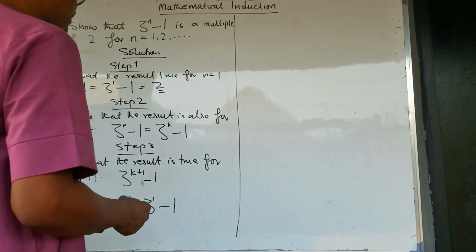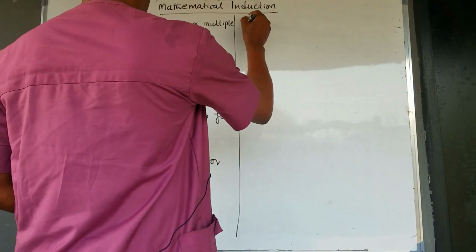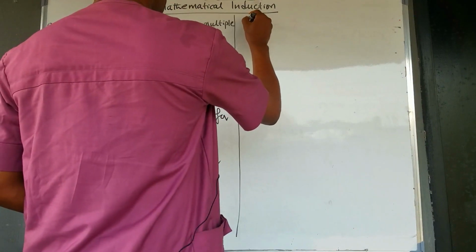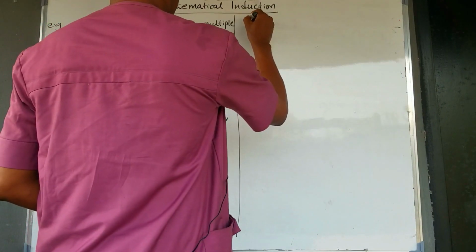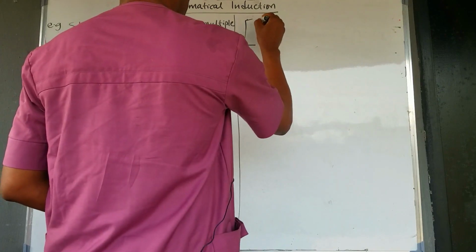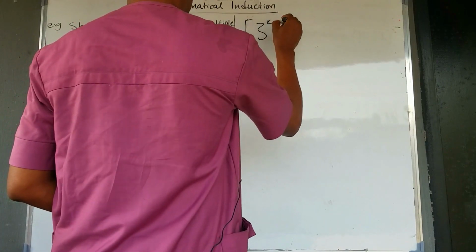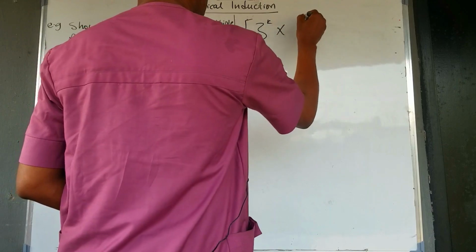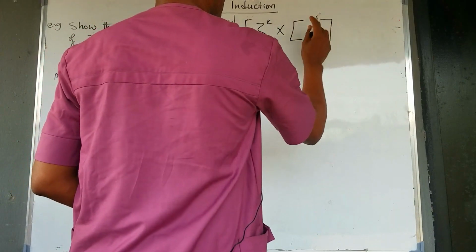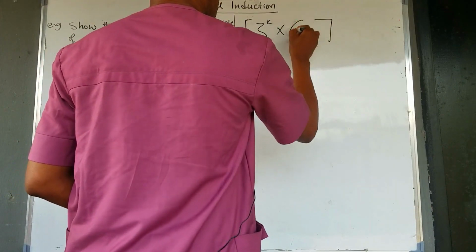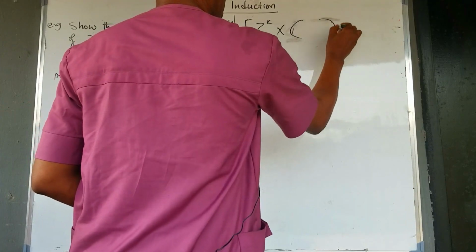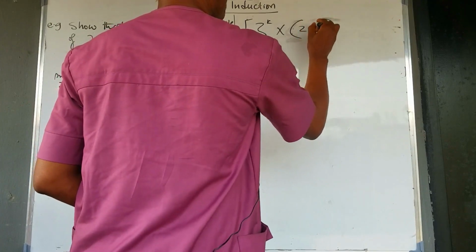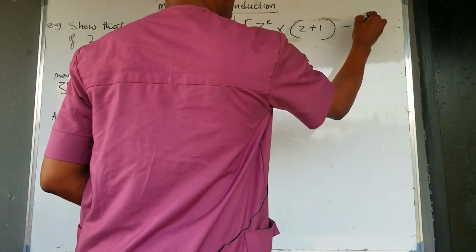So how will I split this? I will now put it in this form. I have 3 raised to the power k times, I will split the 3 because I want to bring out something. I'll split it into 2 plus 1, then minus 1.